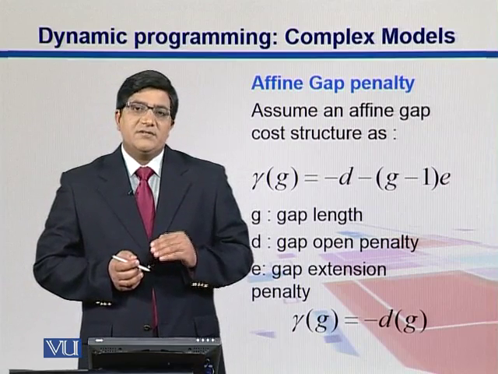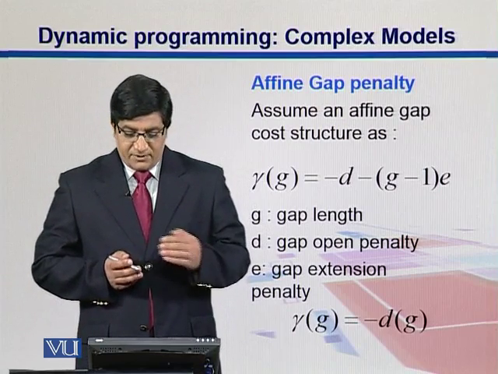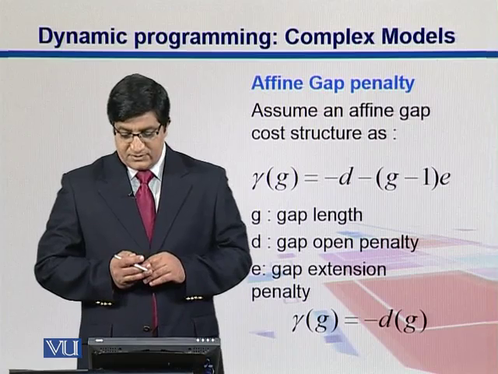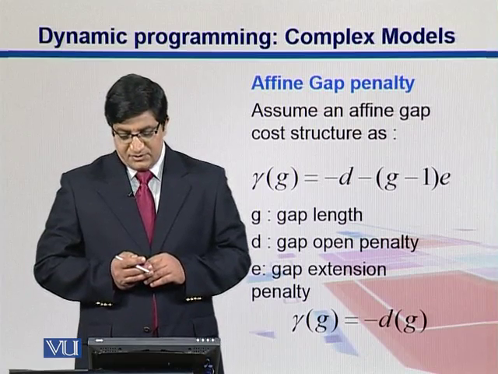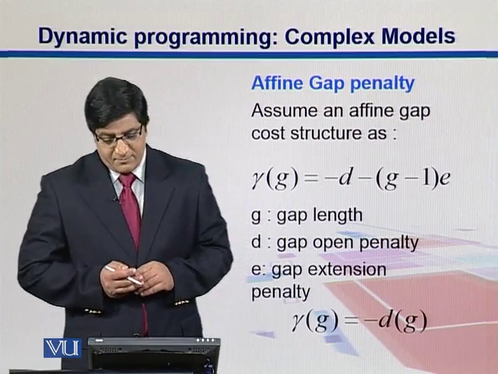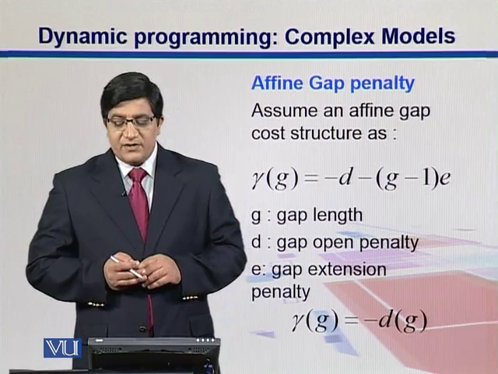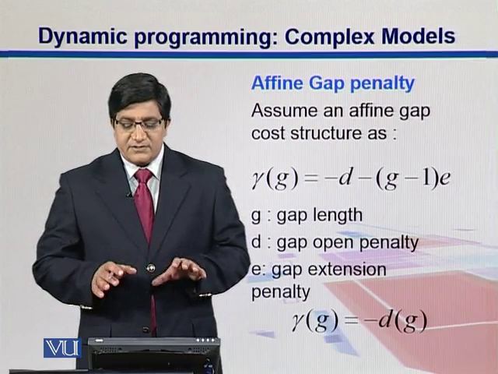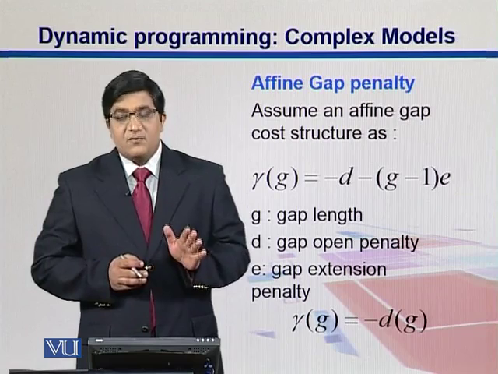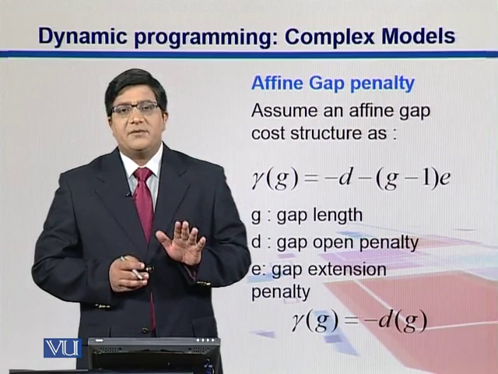So once we start the gap, there is a gap open penalty, minus d minus (g minus 1) e. So g is actually the length of that gap, and d in this equation is the gap open penalty, and e is the extension penalty. So we have (g minus 1) into e in this example. For the first gap, we will have the big penalty.